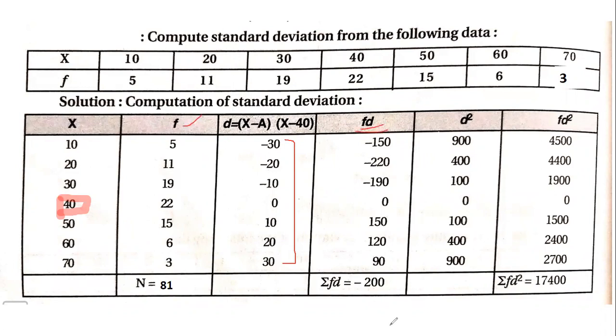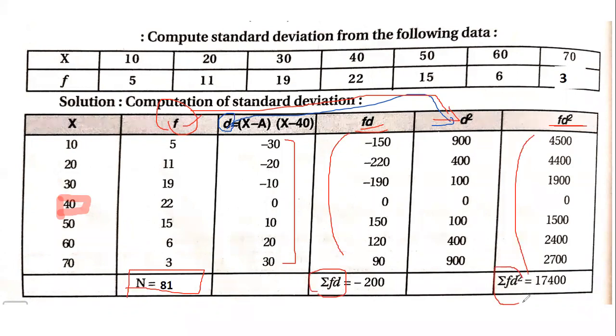Then again I come back to d values and square them. Once I square them, I get d square. After finding d square, again we are supposed to multiply f into d square. Again f into d square will give us sigma fd square. Now when you add up three major columns, f will give you n, fd will give you sigma fd, and fd square will give you sigma fd square.